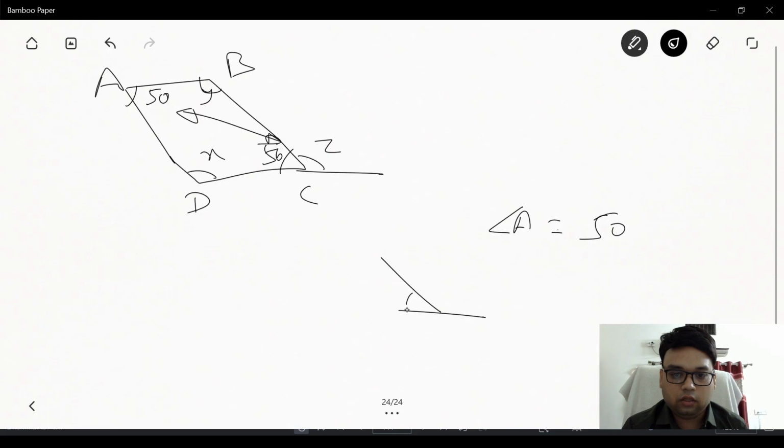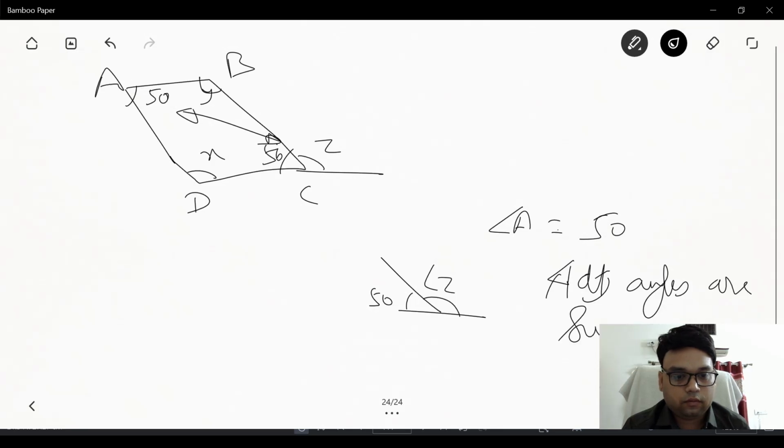Sorry, here we are using the property that adjacent angles are supplementary.